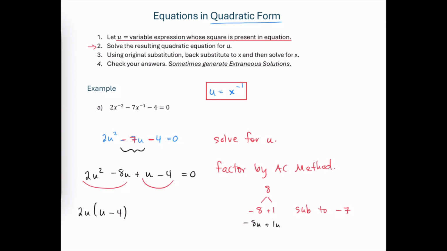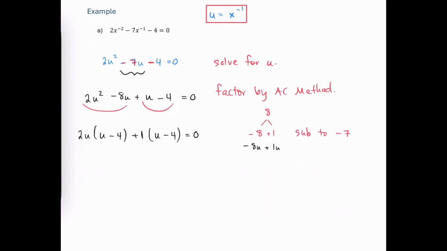Grouping the second two terms together, they don't have a common factor, so what we'll do is put a plus 1 placeholder right here. It makes the next step of factorization a little bit easier to see when I have a plus 1 in that position. Now we're going to notice that we have a u minus 4 that's common to each of these terms, so we'll factor out u minus 4, and what remains out of this first term is just the 2u, and what remains out of this second term is that plus 1.